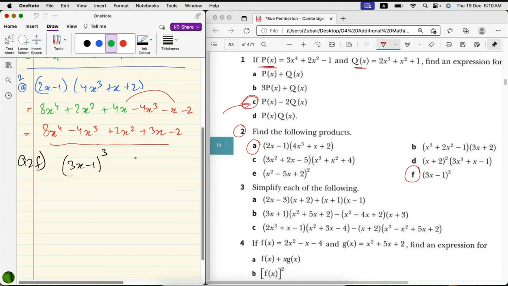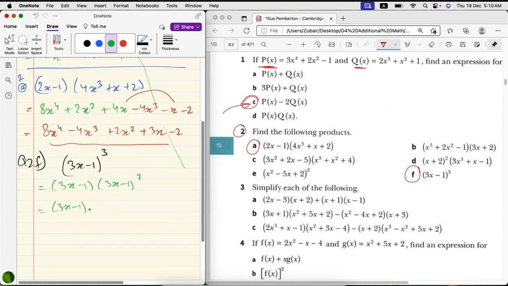So 27x cubed minus 27x squared plus 9x minus 1. Okay, I was just thinking I will start with you. 3x minus 1 into 3x minus 1, the whole square.